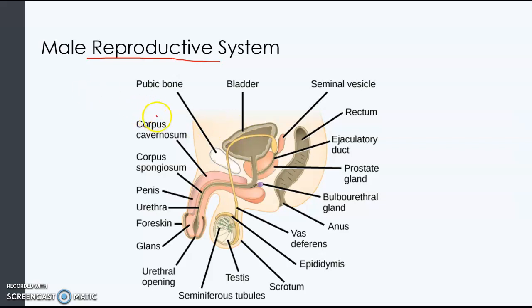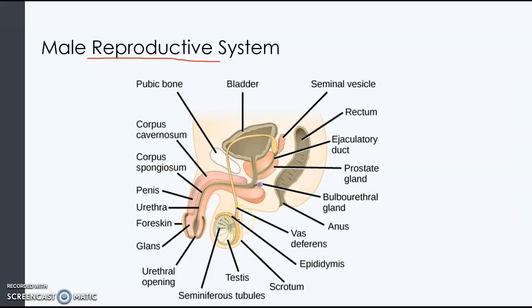So looking at the male reproductive system, we have the bladder, which is not part of the reproductive system, and the rectum, which also is not part of the reproductive system. Bladder stores urine, the rectum stores solid waste or feces. But if we start here with the testis, it produces sperm in the seminiferous tubules, and the sperm end up traveling out of the testis into the epididymis, which is where they become able to move.